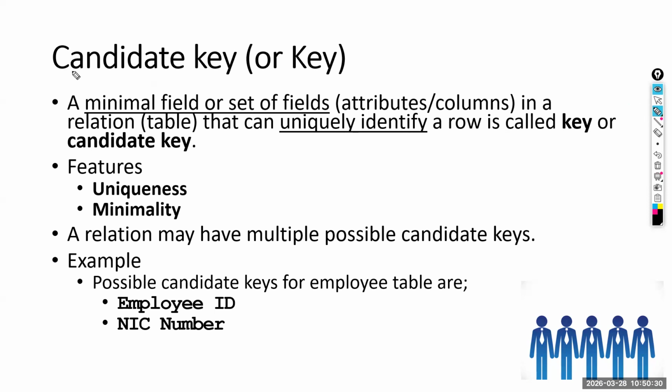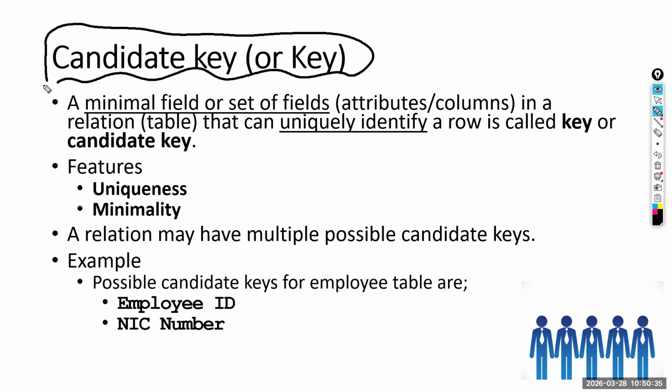There can be multiple candidate keys for a table. If it is a student table, maybe student ID, maybe the student's NIC is a candidate key. But a candidate key has definite features: it must be unique for each record, and it must not be null. You can't have null values. If those two features are satisfied, it's a candidate key, or that combination of fields is a candidate key.